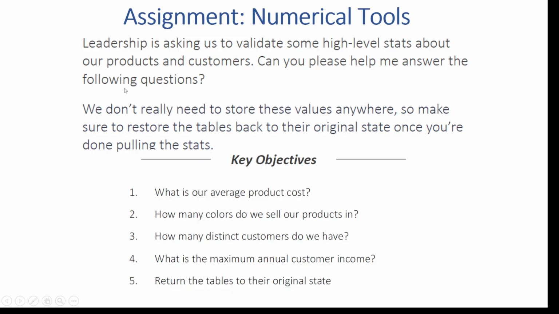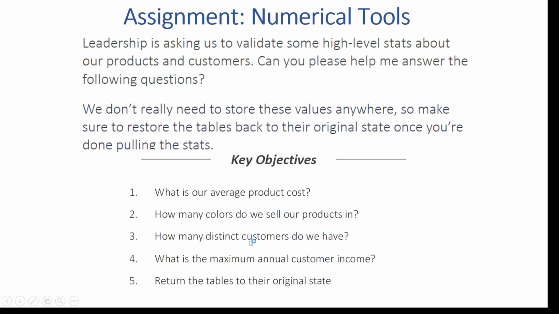Let's take the assignment part. In this assignment, in the numerical tools, let's suppose you have this question in front of you: leadership is asking us to validate some high value stats about our product and customer. Can you please help me answer the following questions? Suddenly someone asked, what is the average product cost? What is the color we are selling in our product?